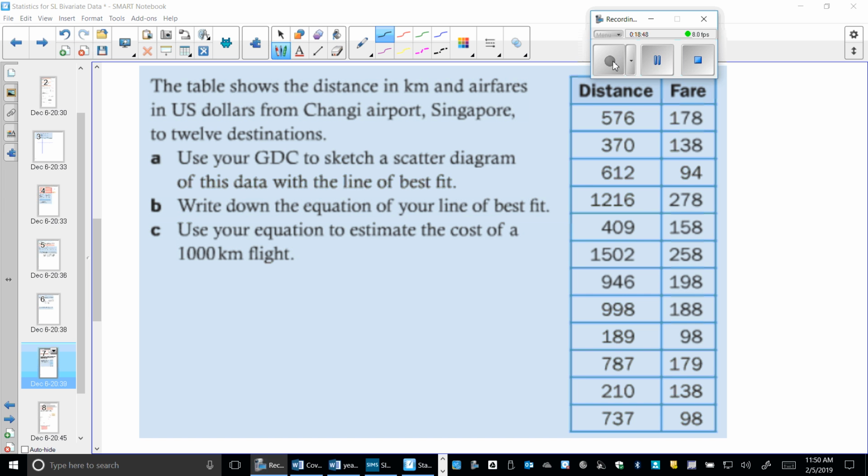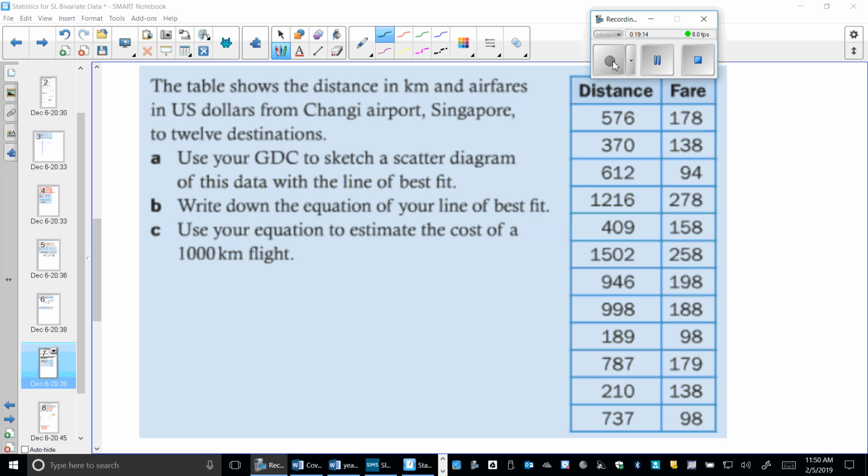I would suggest probably doing 4. Oh no, we're not used to the other one. Do 3, you get good practice. So let's do 3. Then it says X list, Y list, so you choose wherever your lists were. The X is the distance, yeah.